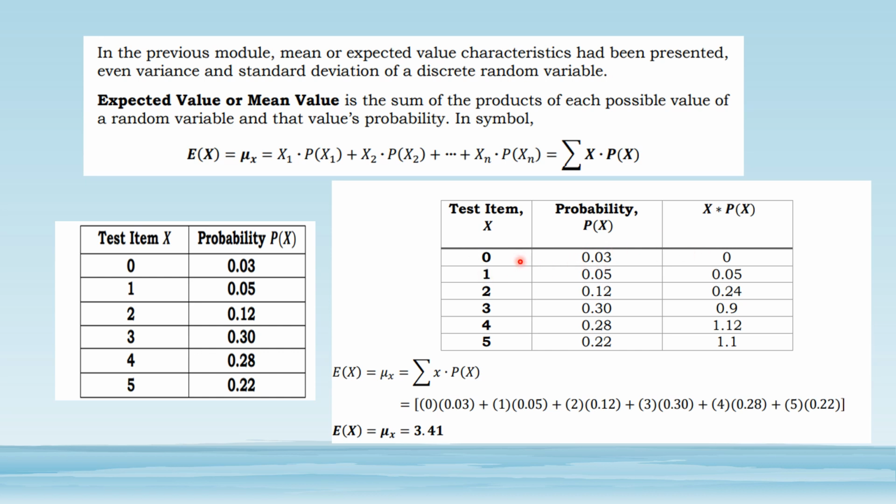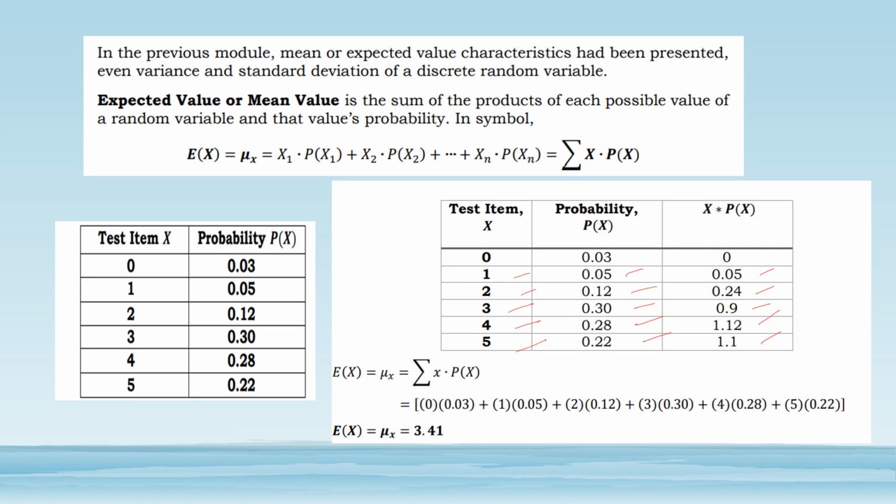So we have 0 times 0.03 is 0. 1 times 0.05 is 0.05. 2 times 0.12 is 0.24. 3 times 0.30 is 0.9. 4 times 0.28 is 1.12. And 5 times 0.22 is 1.1.